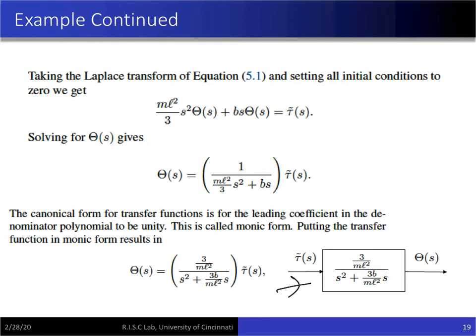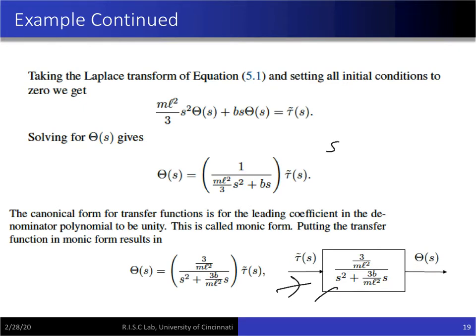So what do you think the poles here will be if you just do the math here? What will be the poles? Anybody? How do you find poles? Or what are poles? So roots of the denominator, right? So what will be the roots of the denominator here?